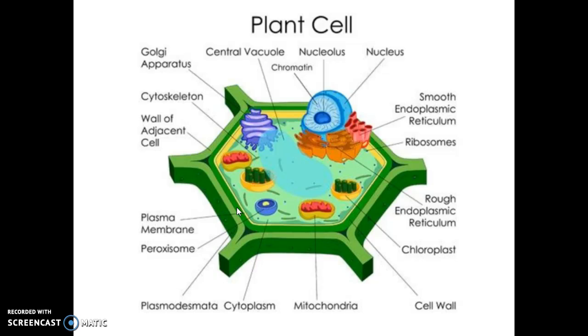But we see a few differences within the plant cell that we did not see in the animal cell, namely the cell wall right here, which is a very thick layer, thicker than the plasma membrane or cell membrane. We also have chloroplast. We spoke about chloroplast with photosynthesis. And then lastly, the central vacuole, which is this big, large bubble. We see those in plant cells only. Those are not found in animal cells.